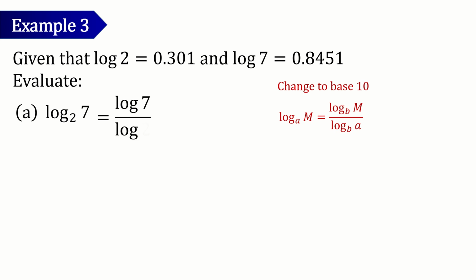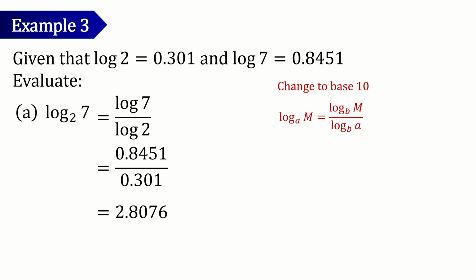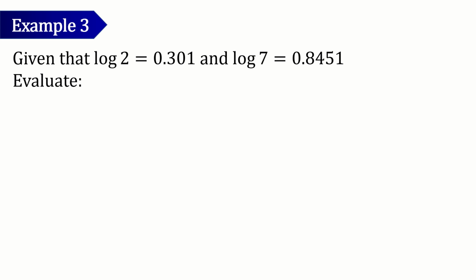That is equivalent to log 7 over log 2, and we know the values for log 7 and log 2. We can substitute those values and calculate. We get 2.8076.